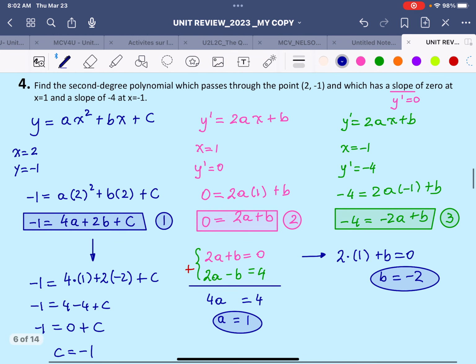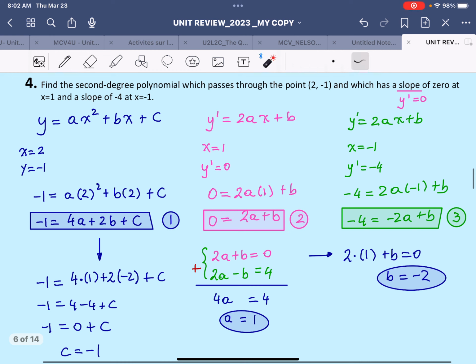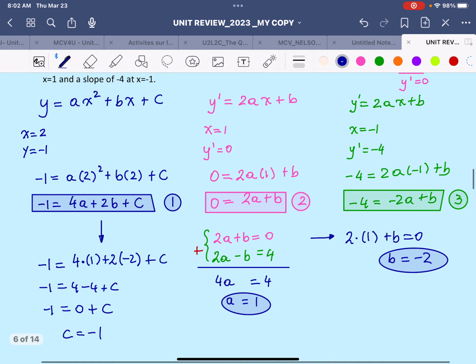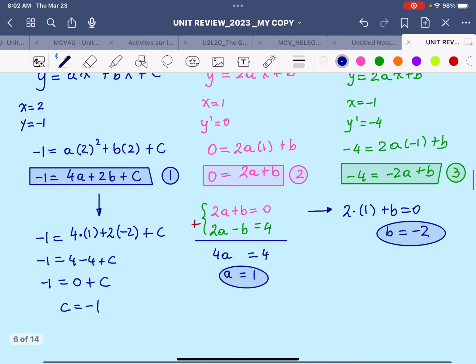Now let's read the question carefully so that we make sure we answer the question asked. So we have to find the equation of a polynomial function which has the given information, which means that we need to write the equation of the function at the end.